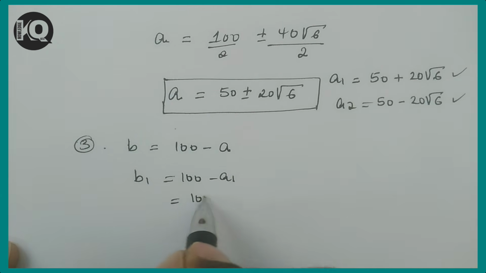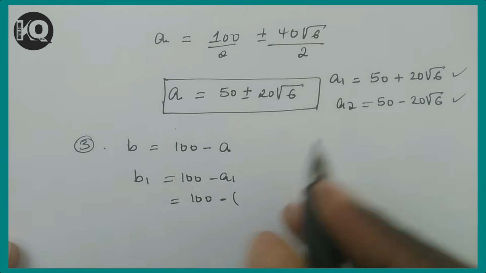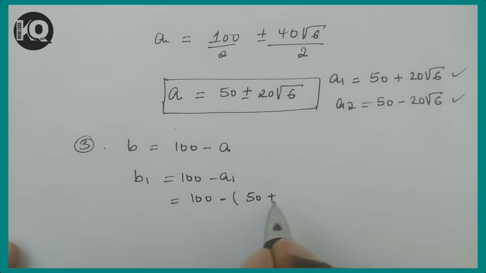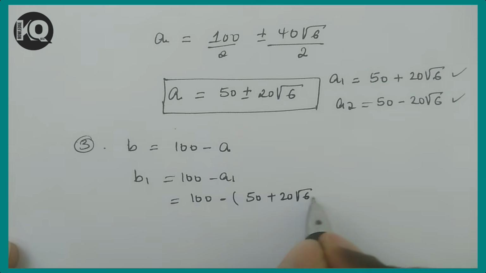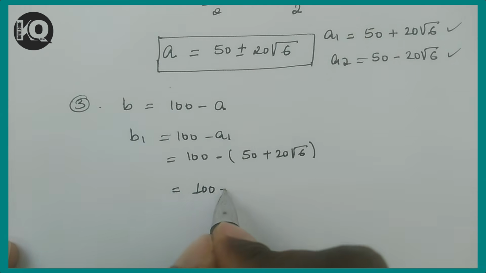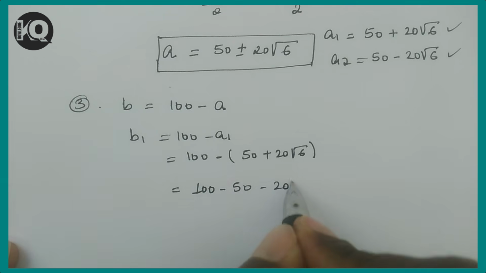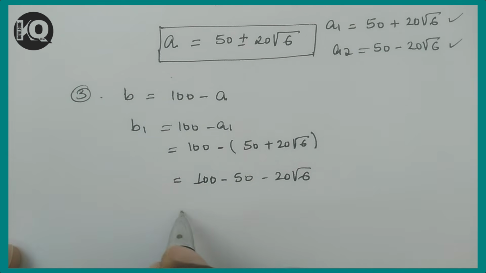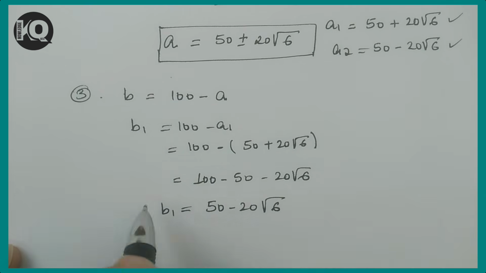So 100 minus a1 is 100 minus the quantity 50 plus 20 times the square root of 6, so it will be 100 minus 50 minus 20 times the square root of 6. Then finally b1 will be 50 minus 20 times the square root of 6. This is the value of b1.